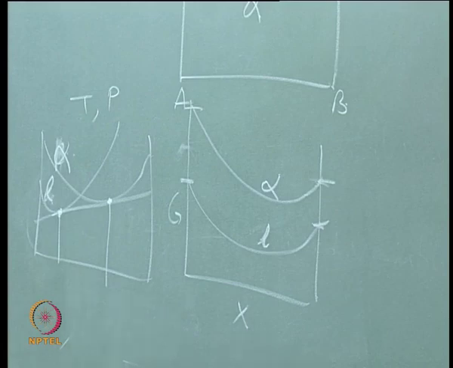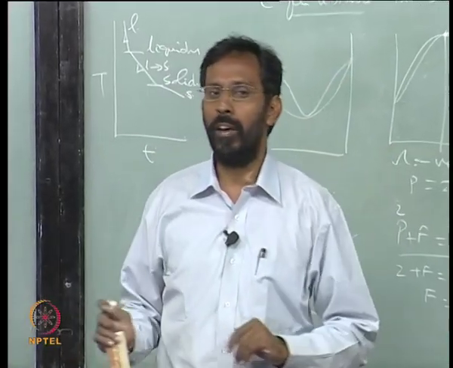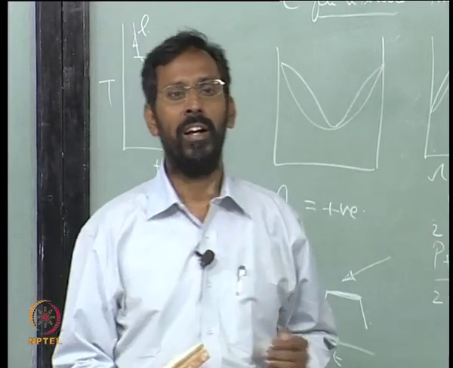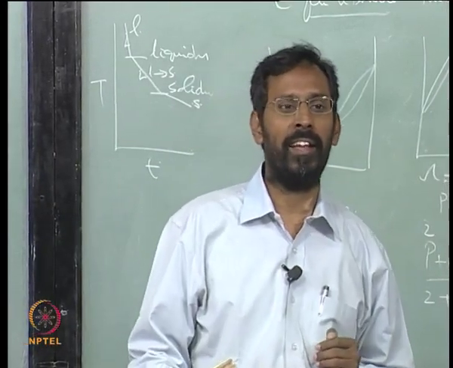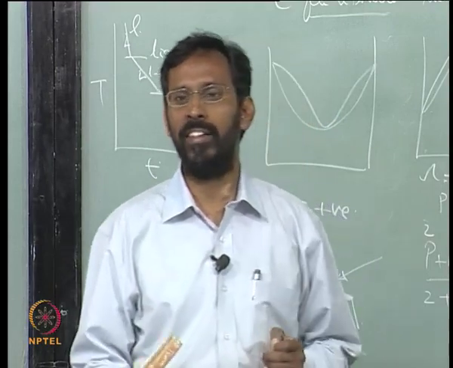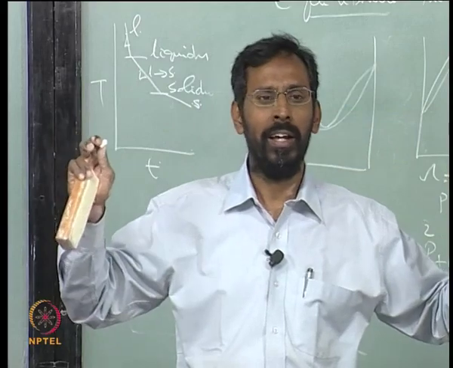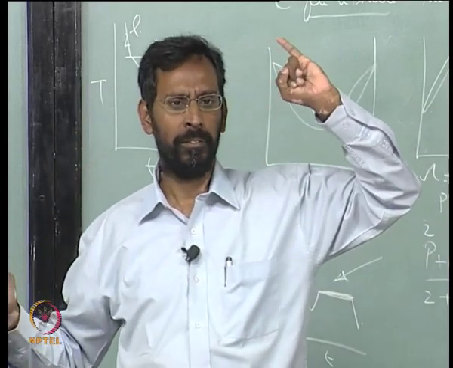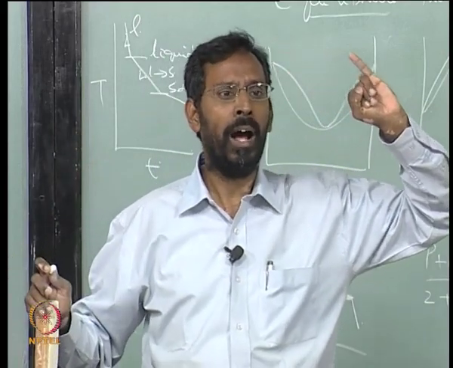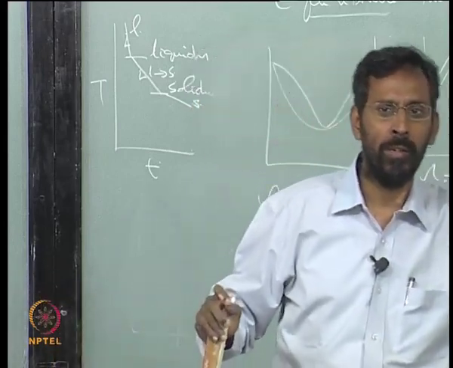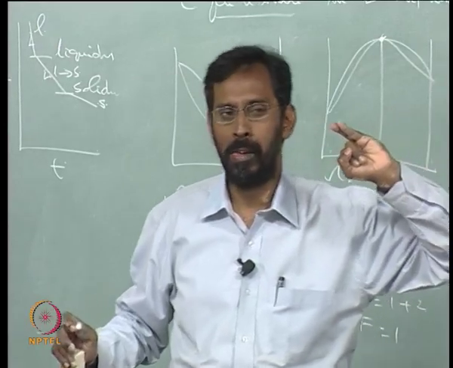If you calculate using the formula that we have given, G equals XA GA plus XB GB plus RT XA ln XA and so on, plus omega XA XB, if you put the whole thing, you need to know the T, what temperature I am calculating, I need to know what is the omega, what else do I need to know in that equation?